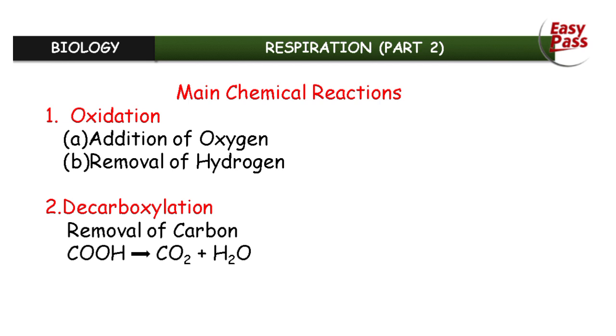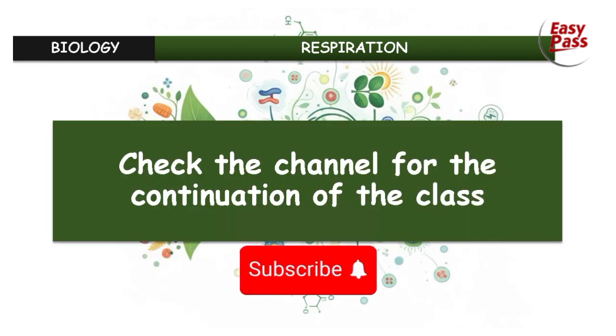Aerobic is respiration that involves the use of oxygen for oxidation, and anaerobic is respiration that does not involve the use of oxygen. In the next class we'll be looking at the two main processes involved in the generation of ATP in a living cell. Thank you.